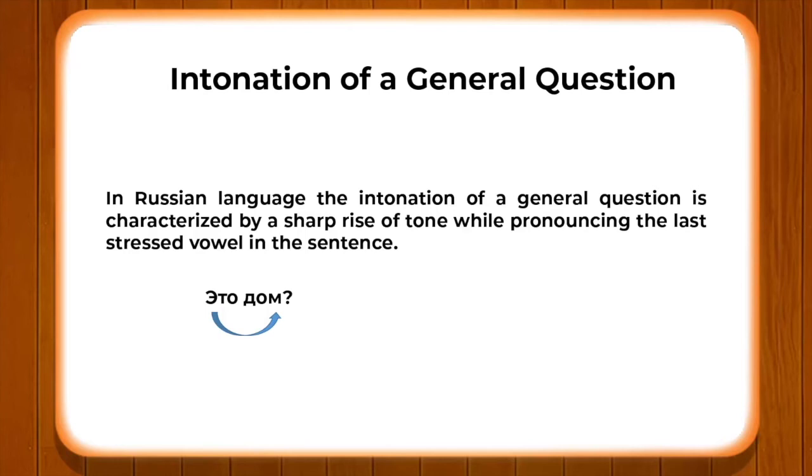In the first sentence, where the person is asking a question, eta dom, there is a rise in the tone, whereas when answering the question, da, eta dom, there is a fall in the tone. This rise and fall in the speech or the tone is intonation.